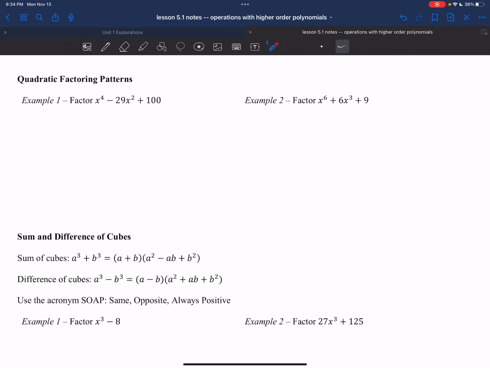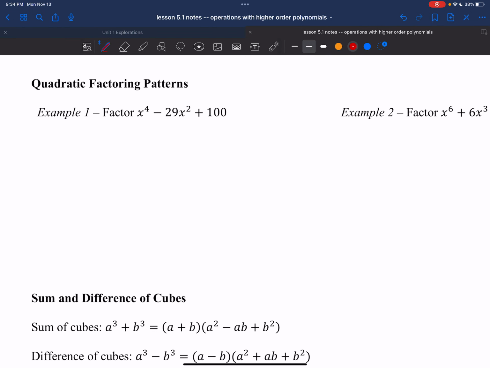Oh, I like these. I really like these. So here's what a quadratic factoring pattern is. It's not quadratic, but it kind of looks like a quadratic. So here's an example. Let u be x squared, okay?